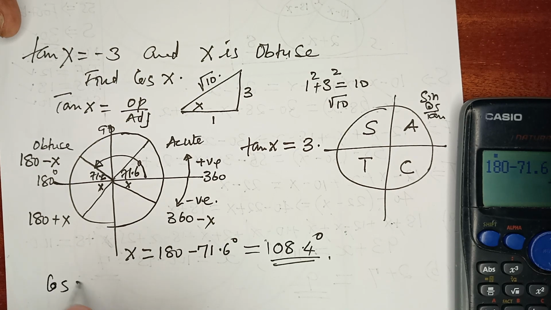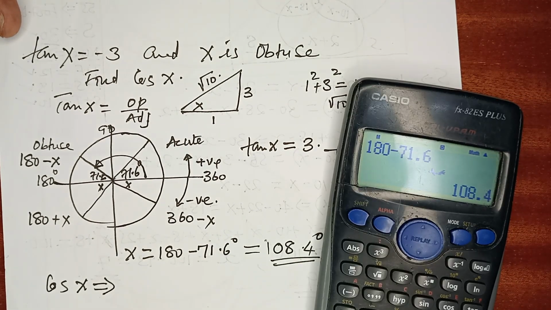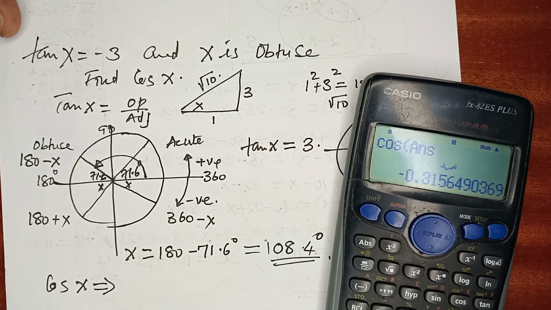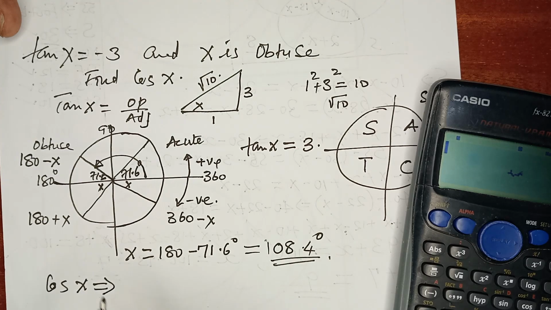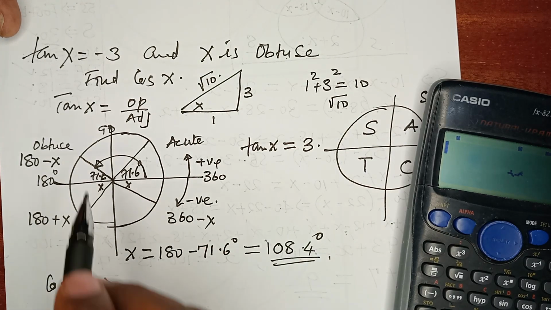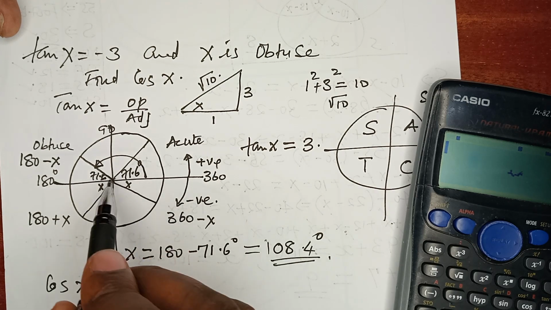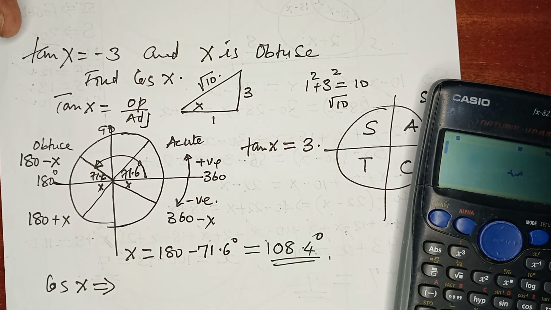But how do we now get the cosine of x? Surprisingly, we can talk about the cosine of 108.4 degrees, take the answer, and we'll get -0.315. But I would want us to still use 71.6, because it is always about the angle between the horizontal x-axis and the line of angle.